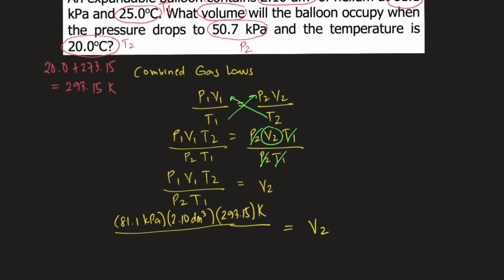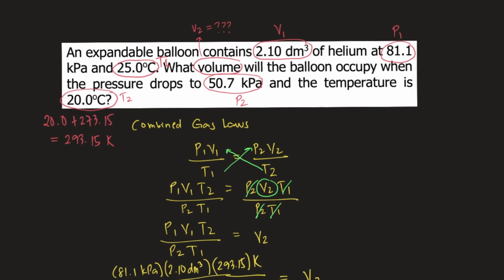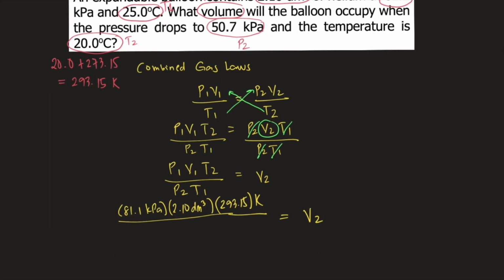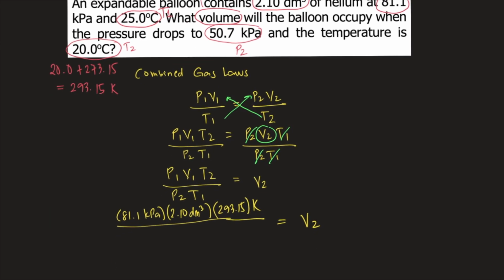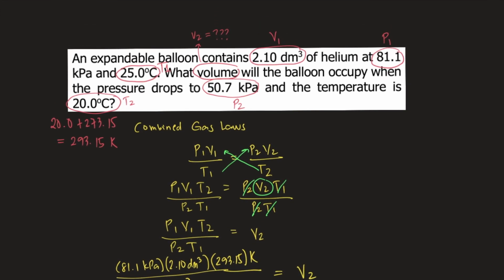And for the denominator, we have P2. According to the problem, P2 is 50.7 kilopascal. And T1, according to the problem, is 25 degrees Celsius.